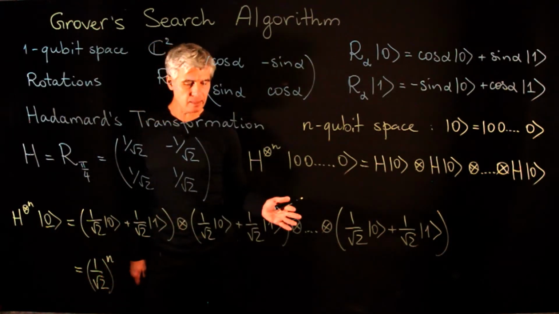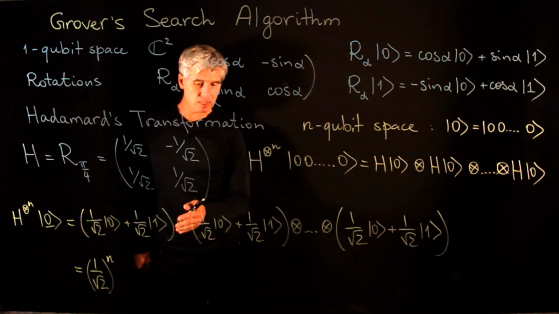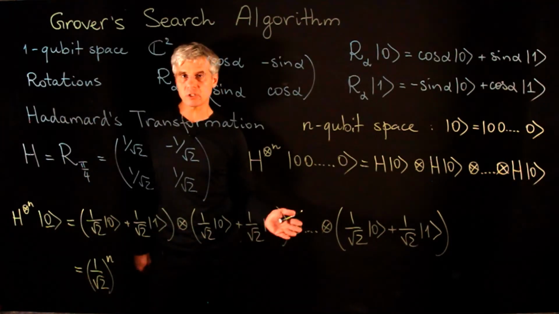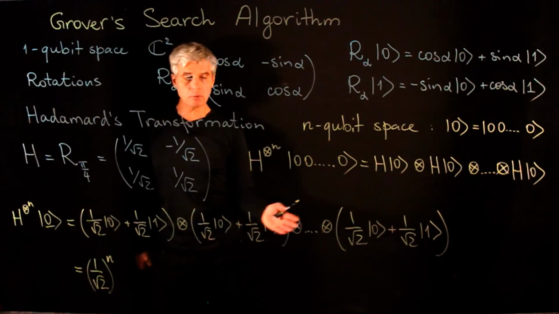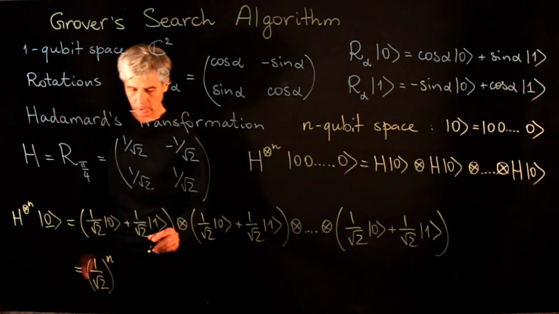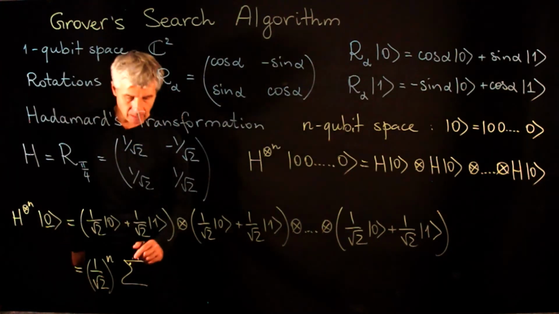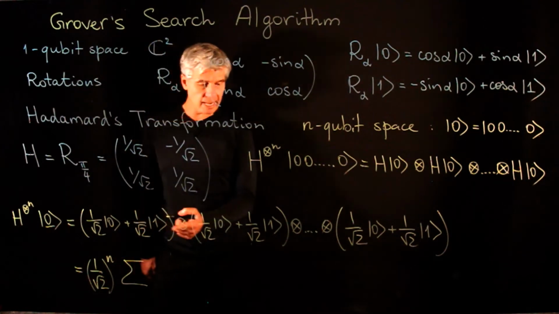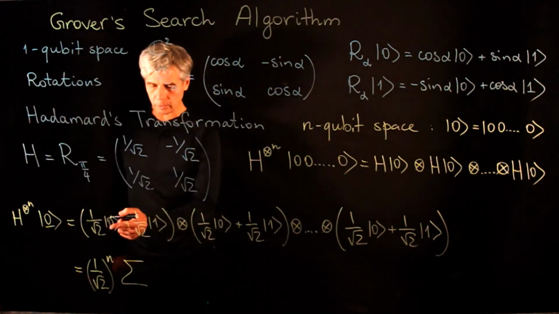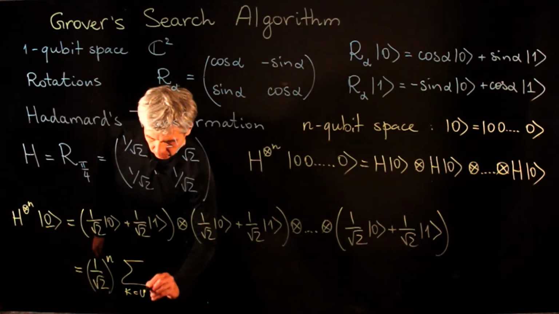When we expand this, any n-bit string may appear in this expansion, and each n-bit string will appear with coefficient 1. So here we have the sum. The n-bit strings go, if we take the whole string of 0, this corresponds to k equals 0.